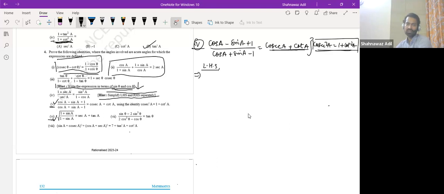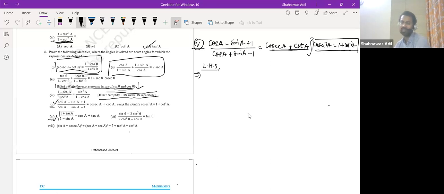Whenever we get a rational or fractional term, what do we generally do?